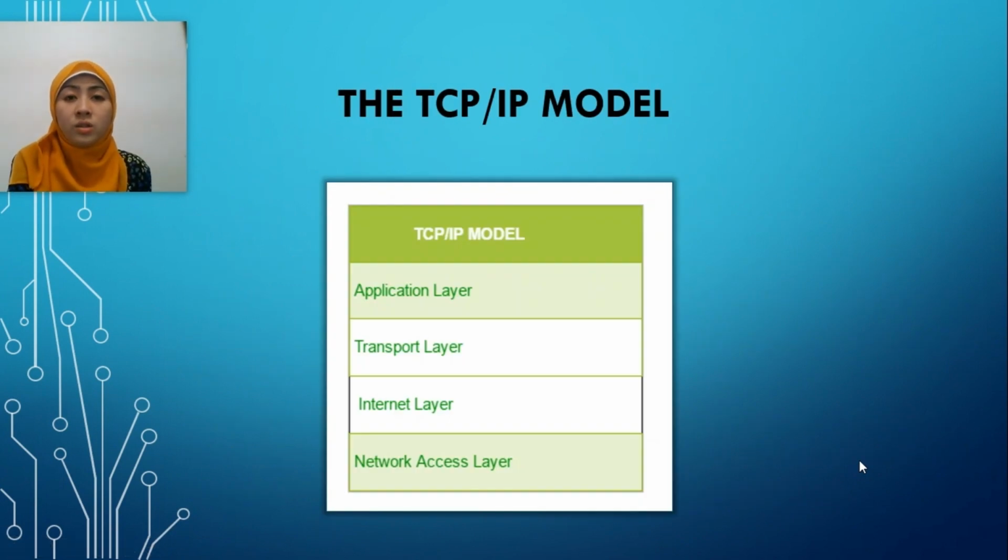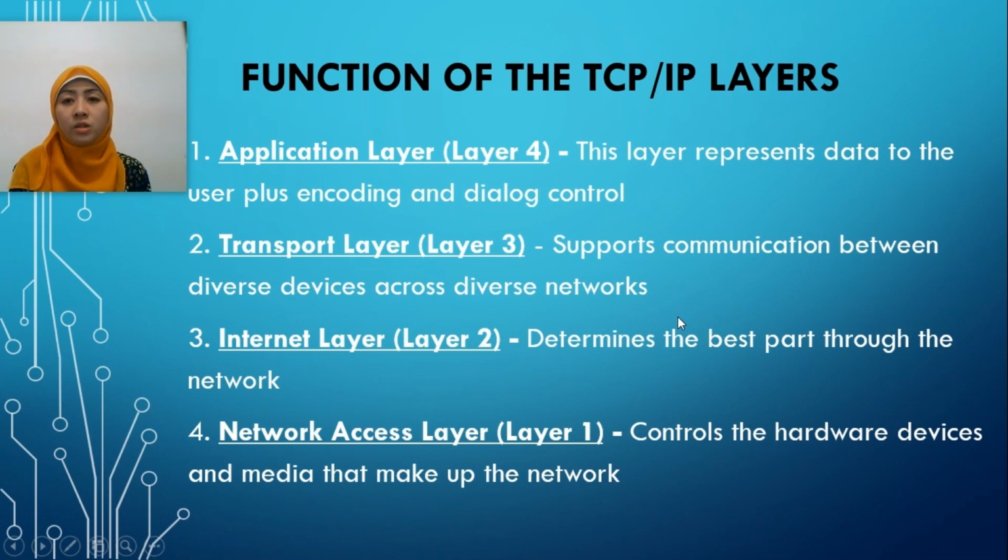So here we also have the TCP/IP model. The TCP/IP model has four layers, which are network access layer, internet layer, transport layer, and application layer. So what are the functions of these layers? So, application layer, which is layer 4 of the TCP/IP model.